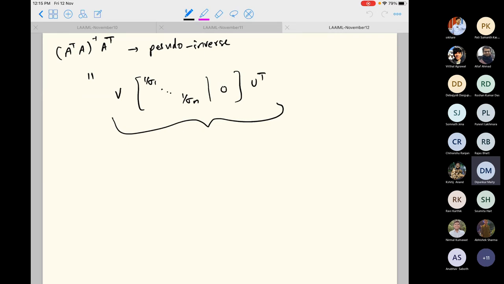So u(n+1), u(n+2) are arbitrary, I think, sir. Arbitrary, but they have to be orthogonal, na? So you have to complete it into an orthogonal basis. How you complete it is up to you. That's arbitrary. But it has to be an orthogonal basis. The U matrix has to be an orthogonal matrix, right? Yes, sir. Does that answer your question?